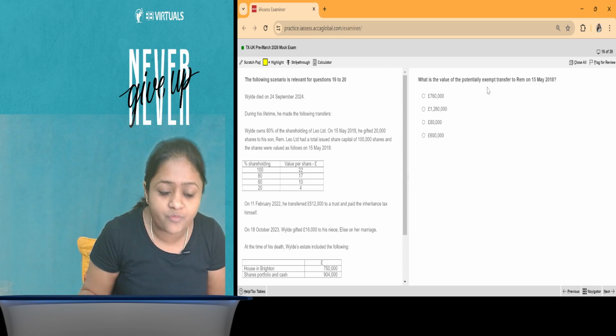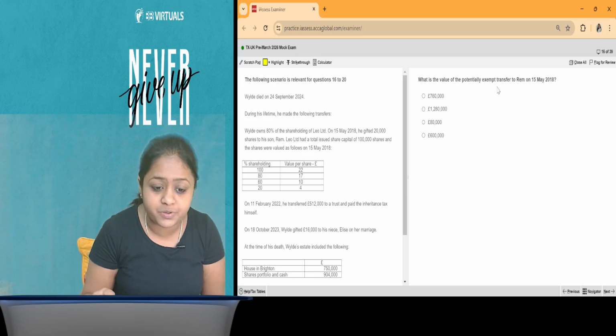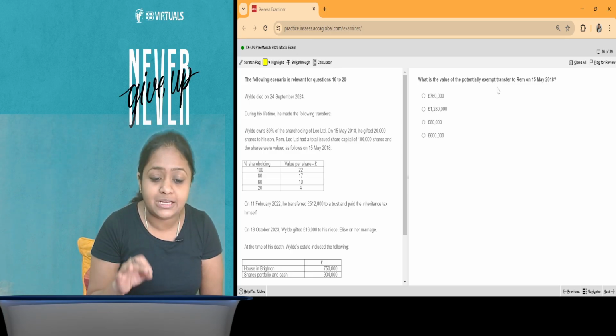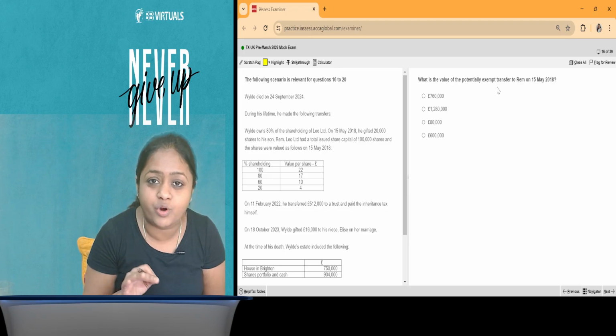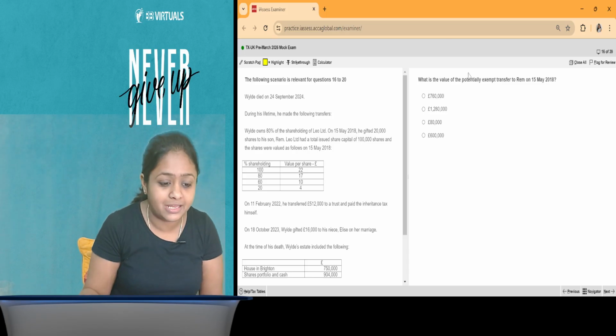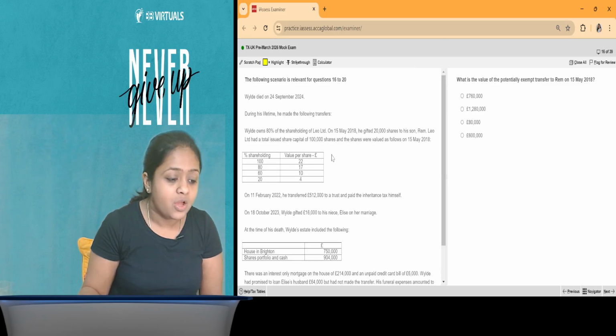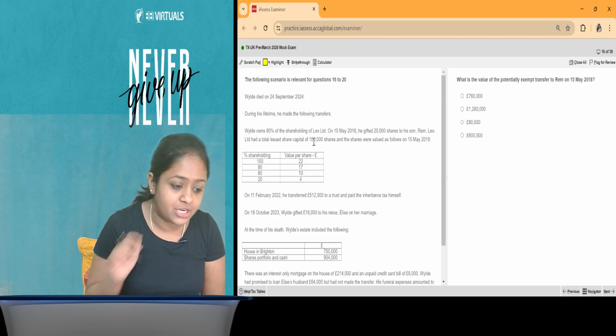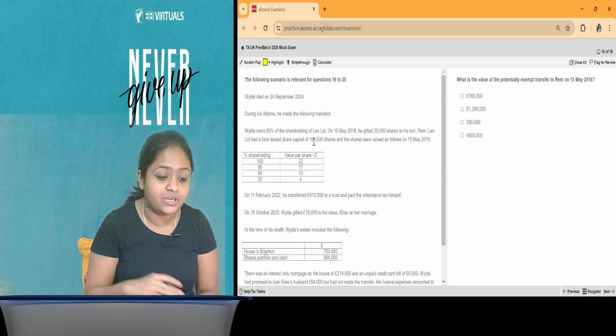What is the value of the potentially exempt transfer to Rem on 15th May 2018? What is the question wanting to ask? Diminution in the value. So let's do the reading and calculate it accordingly. Wilde owned 80% of the shareholding of Leo Limited on 15th May 2018.